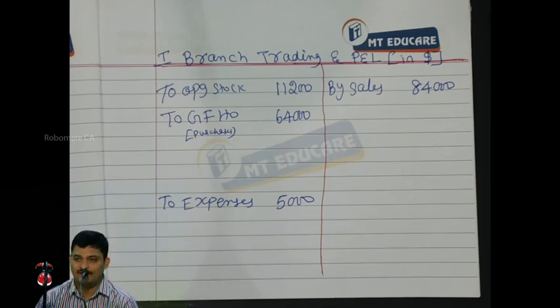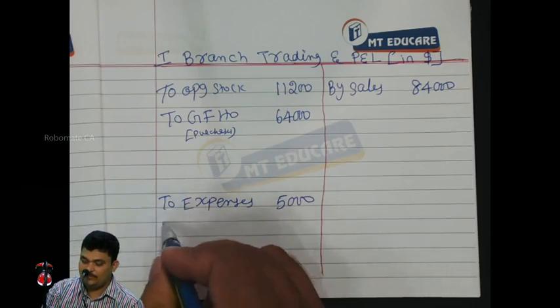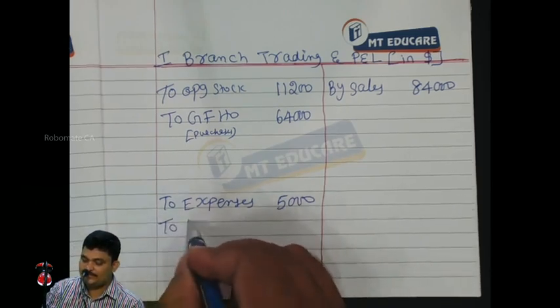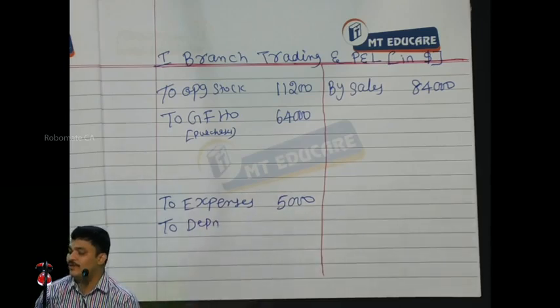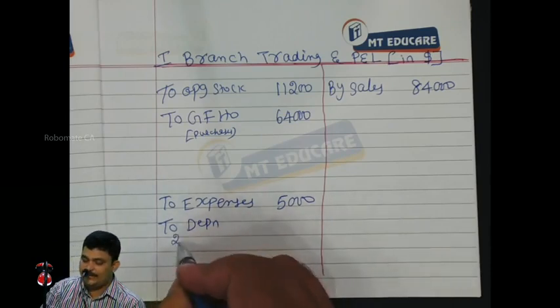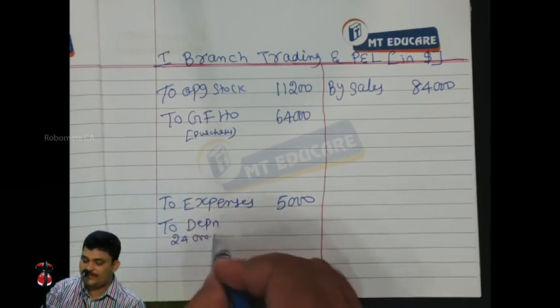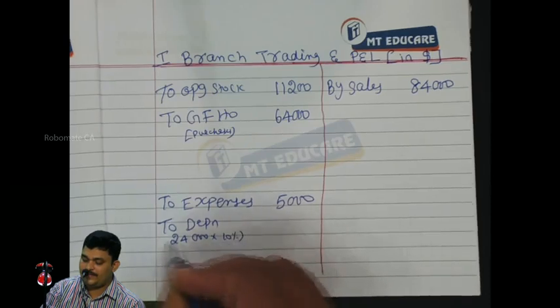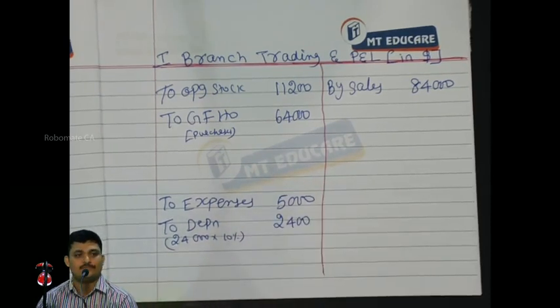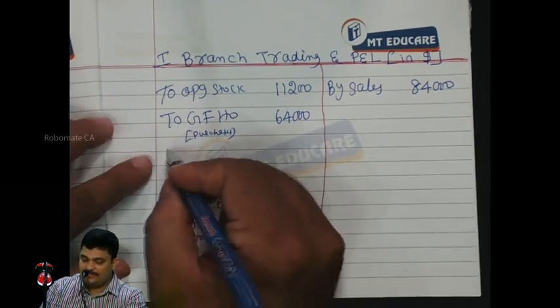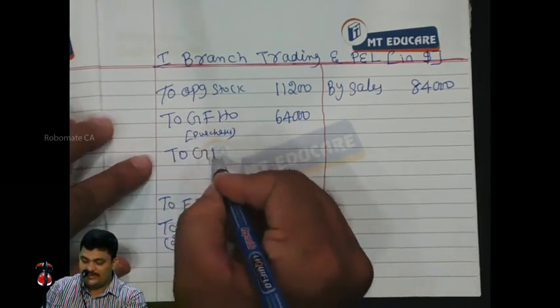Many things are over. Understood? Now you have depreciation. Machinery, how much value? 24,000. Depreciation 10%, so 24,000 into 10%, 2,400. Listen, friends, to gross profit.